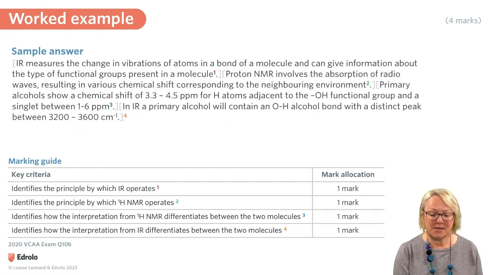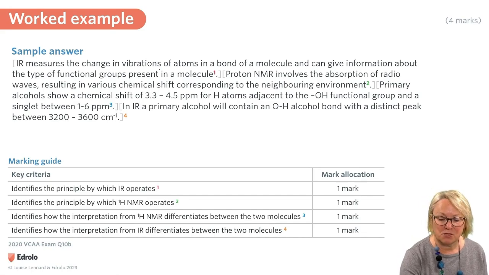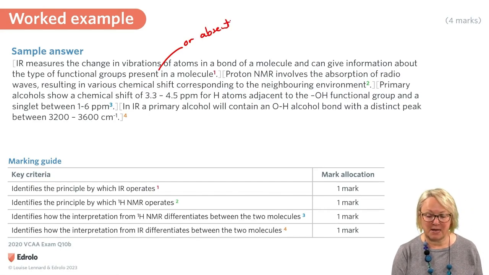So IR measures the change in vibration of atoms in a bond in the molecule and can give information about the type of functional groups present or absent in a molecule. So that's the first mark.